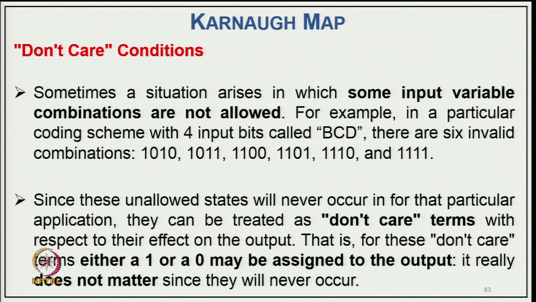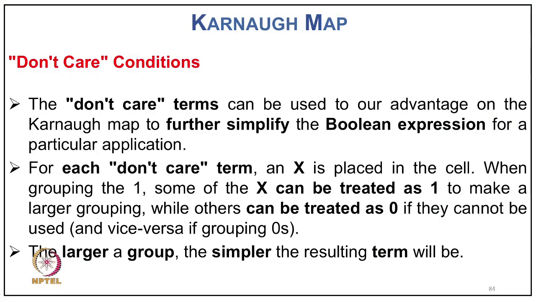Since these unallowed states will never occur in that particular application, they can be treated as do not care terms with respect to their effect on the output. For a do not care term, either 1 or 0 may be assigned to the output, and it really does not matter since they will never occur, so you can use them for simplifying. Do not care terms can be used to our advantage on the Karnaugh map for further simplifying the Boolean expression for a particular application, and for each do not care term an X is placed in the cell.